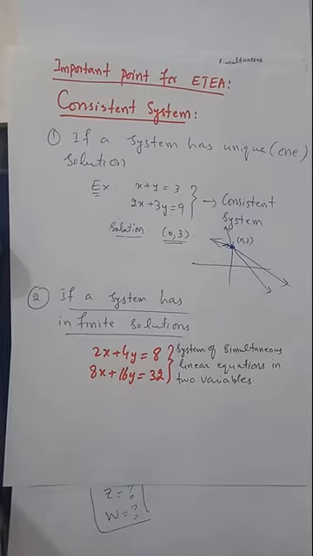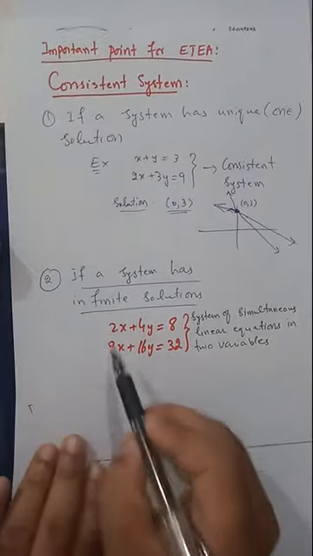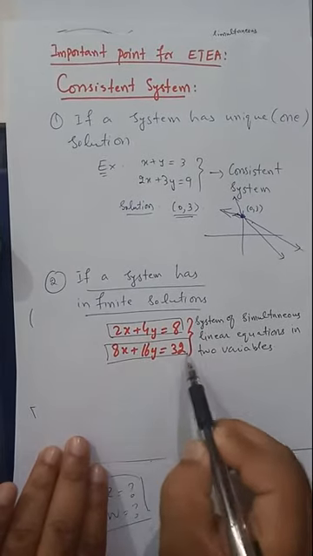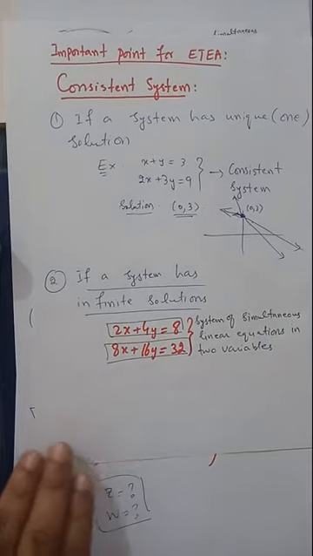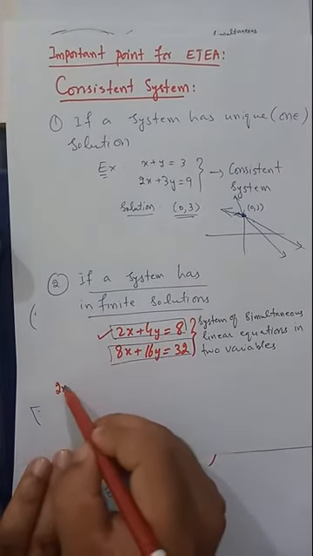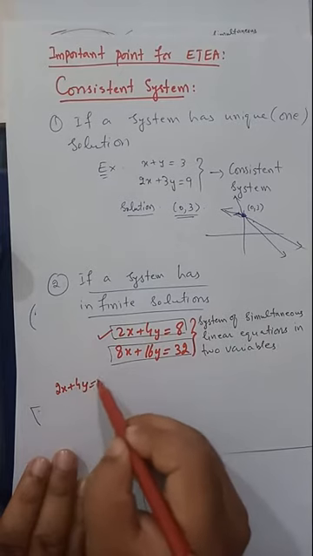Or you can draw the graph. From the graph you will get a clear picture of how this system has infinite solutions. The graphs of these two equations are actually lines. So I am considering the first one and need to draw its graph.